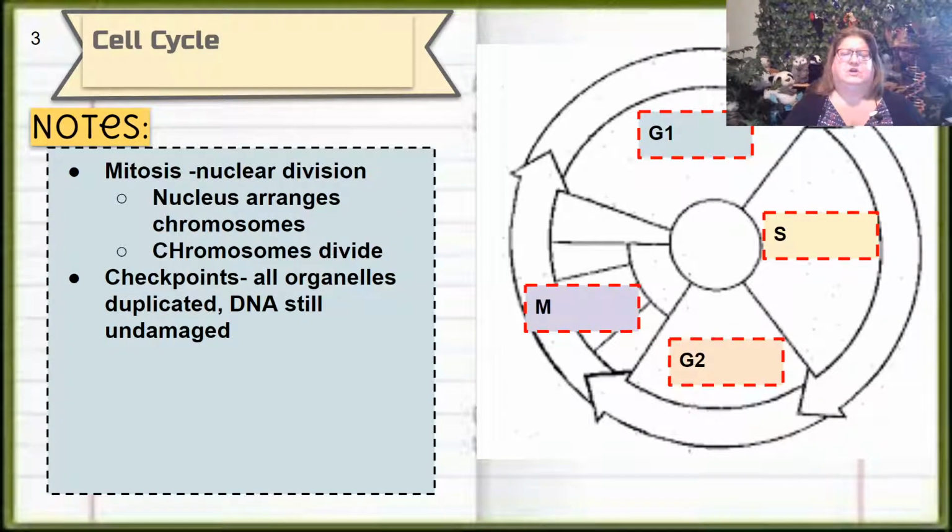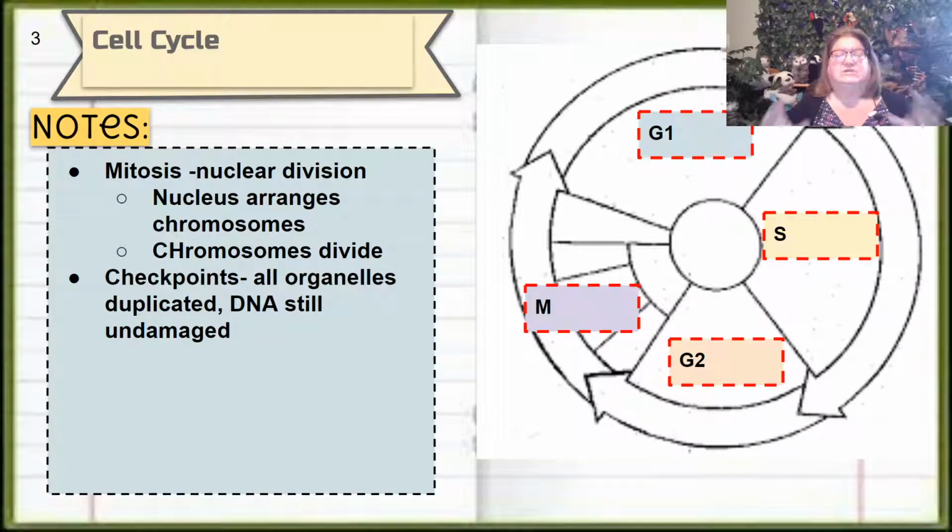If everything is good, we're going to go through mitosis. And mitosis is technically where the nucleus divides. The nucleus arranges the chromosomes and then divides the chromosomes to each of the daughter cells. At this point, you still have checkpoints to make sure that everything is okay. Everything is arranged correctly.